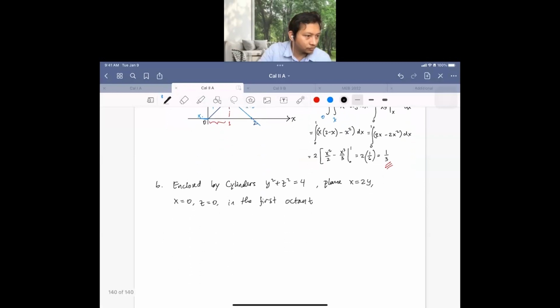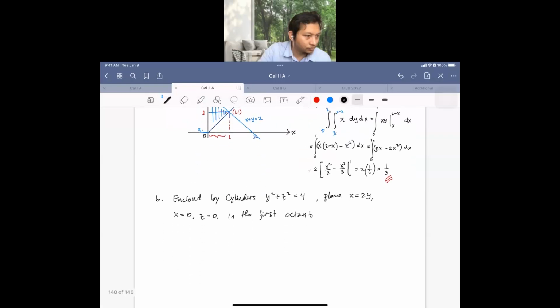The second one, anyone trying to solve? Okay, let me keep you slightly.